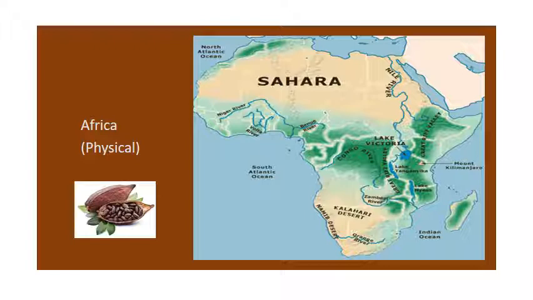Cacao is an important cash crop in Ghana. Cocoa is essentially a plant of tropical region. The equatorial environment with high temperatures and heavy rainfall is the best for the production of cocoa.